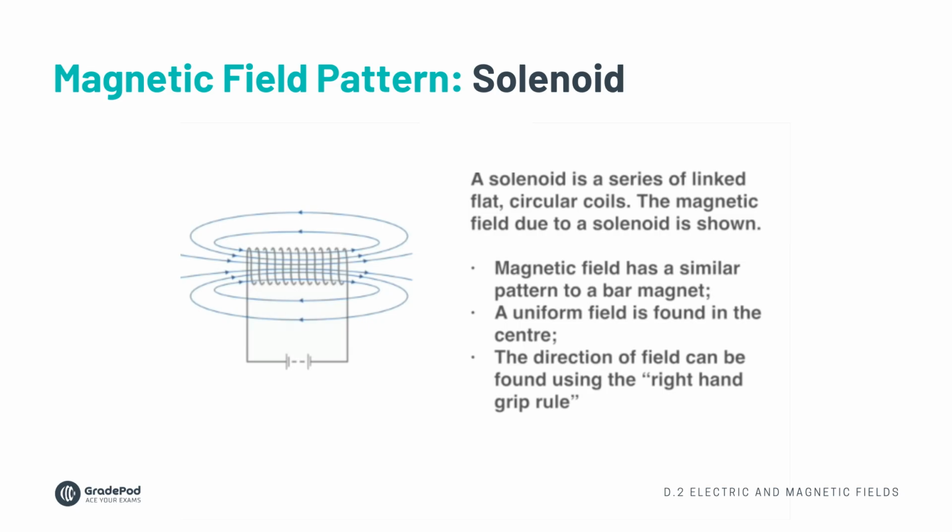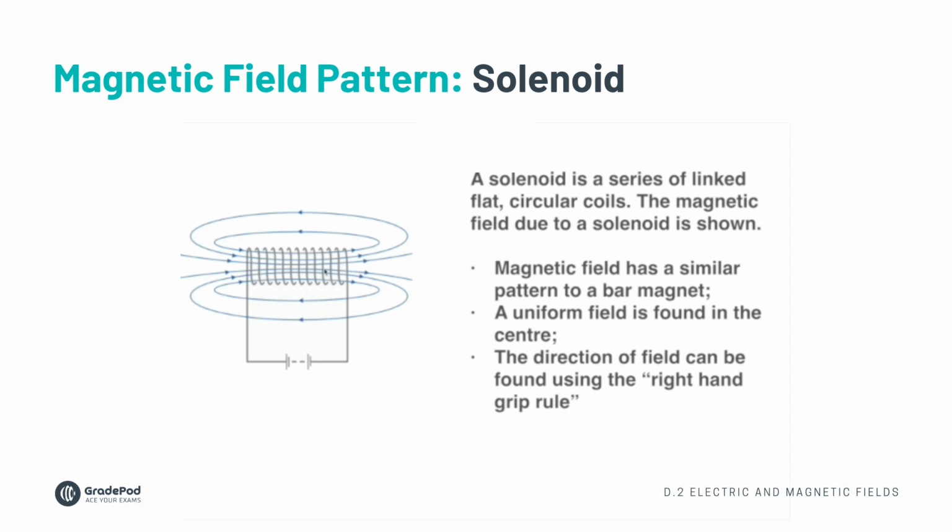Another magnetic field pattern that you should be able to draw is that of a solenoid. A solenoid is a series of circles or coils of wire, all connected to a direct current power source.